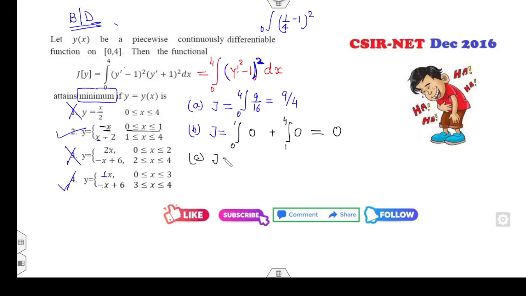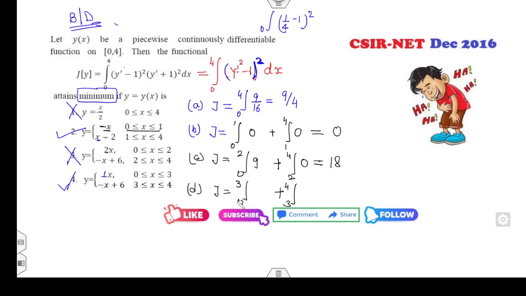Look at C. Again, it breaks into two parts, from 0 to 2 and from 2 to 4. When you substitute, 2 square is 4, 4 minus 1 is 3, 3 square is 9, and the other part will be 0. So the answer is 18. And the last option, again it breaks from 0 to 3 and from 3 to 4.